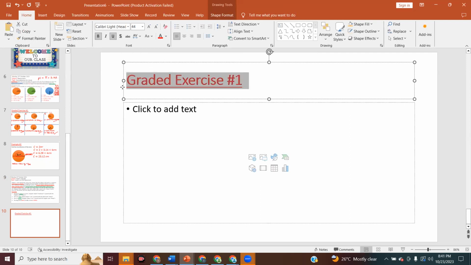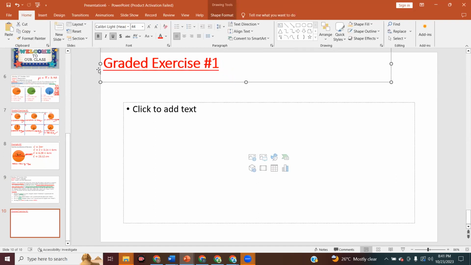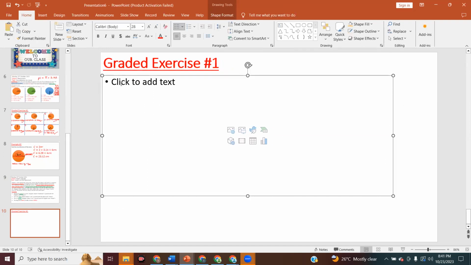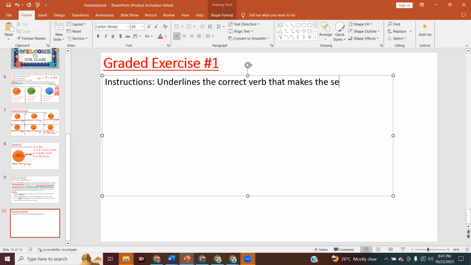All right. So in each case, the instructions: underline the correct verb that makes the sentence grammatically accurate.